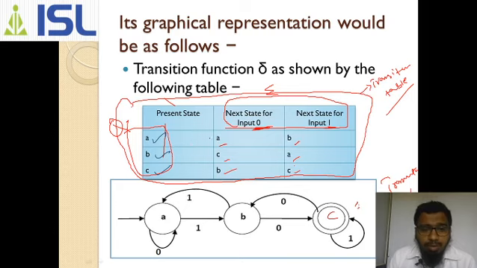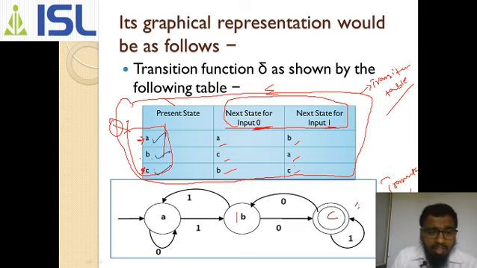First, present state. What are the states? A, B, C. So first draw the circle A, B and C. The initial state will be denoted by an arrow like this, and the final state will be denoted by a star before the symbol. So the initial state is A.